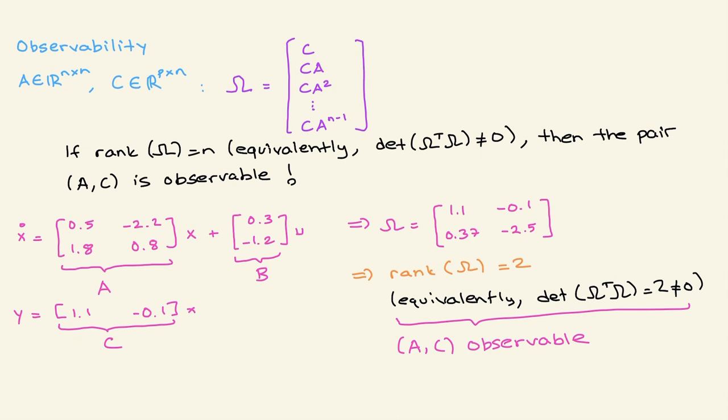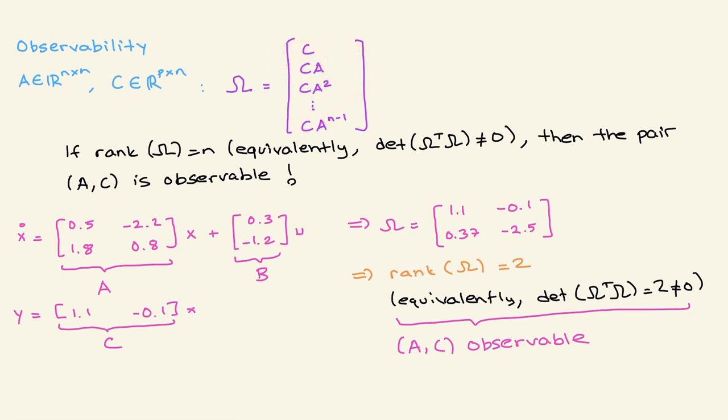All right, I am jumping now to observability. Again, most of the systems that I dealt with are observable. Given a pair A and C, we construct this observability matrix. Once again, of order n, we start this time with C, CA, all the way up to C multiplied by A to the n minus 1. If the rank of this omega is n, we are still counting linearly independent rows or columns.